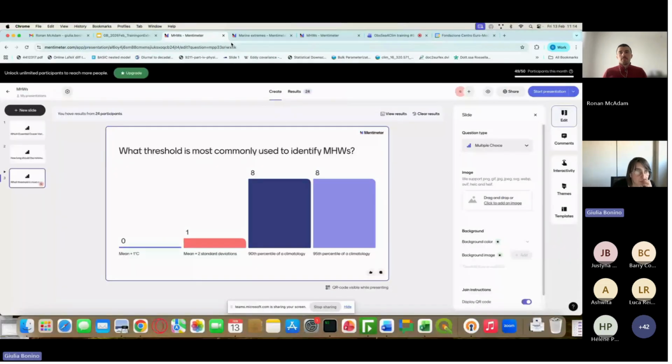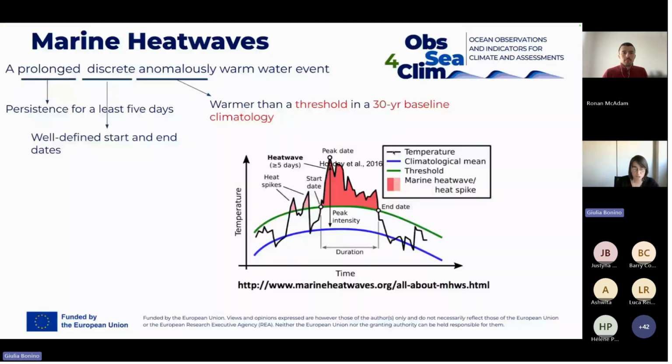Okay, I will come back to my presentation. And I just want to conclude by saying the definition of the marine heat wave. A marine heat wave is a prolonged, discrete, anomalously warm water event. Anomalously means that this event has to be warmer than a threshold, usually the 90th percentile, in a 30-year baseline climatology.